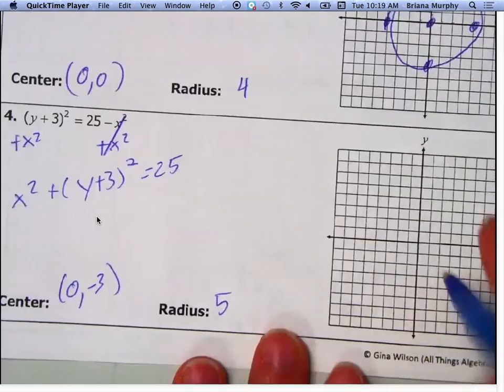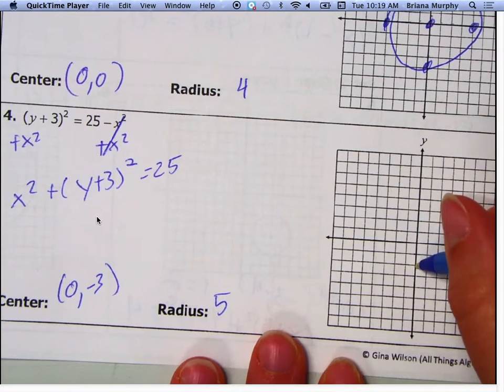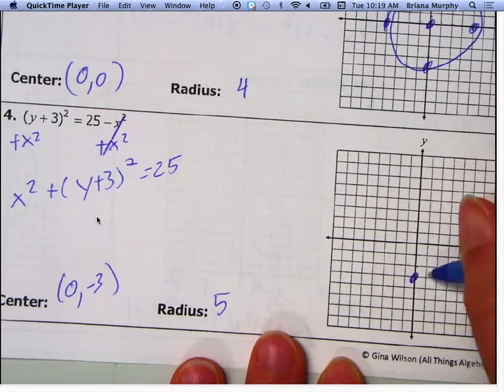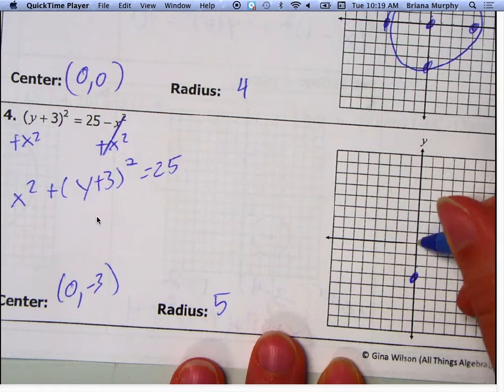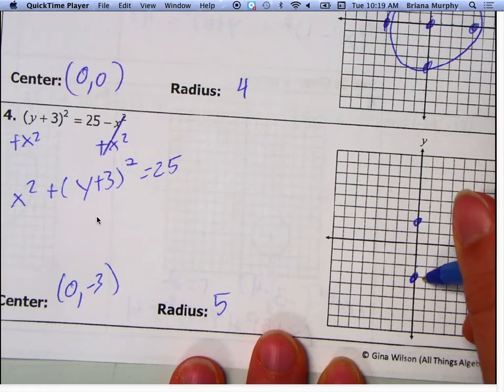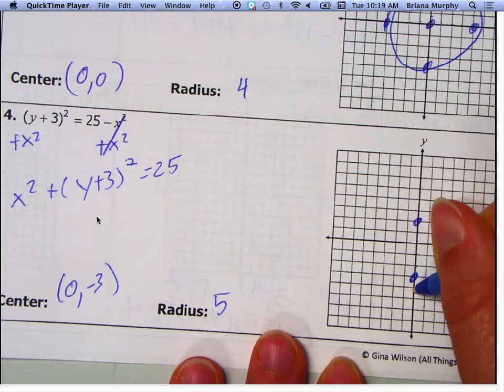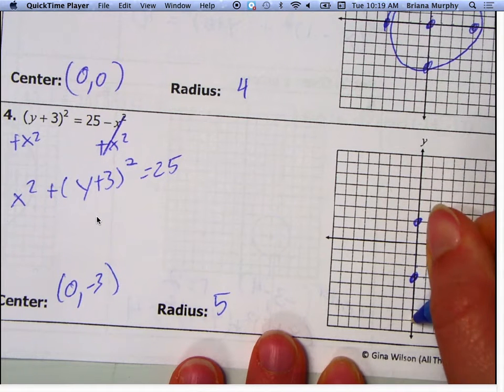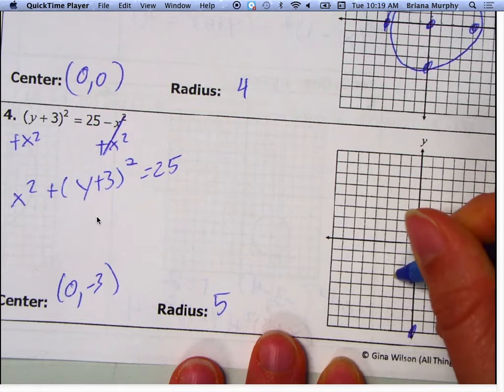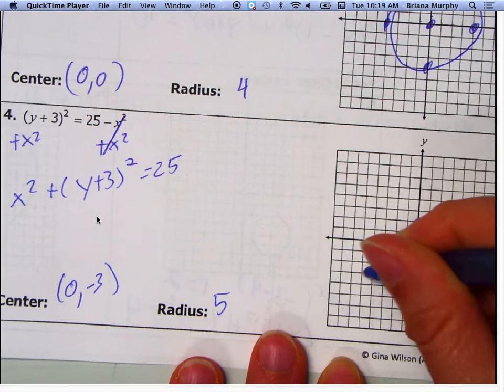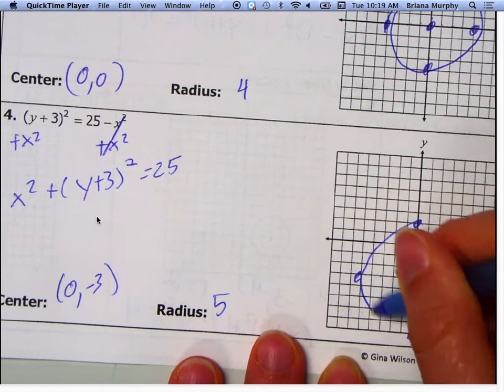So we're going to go 0 down 3. We're going to go 5 in each direction. Yay, pretty circle.